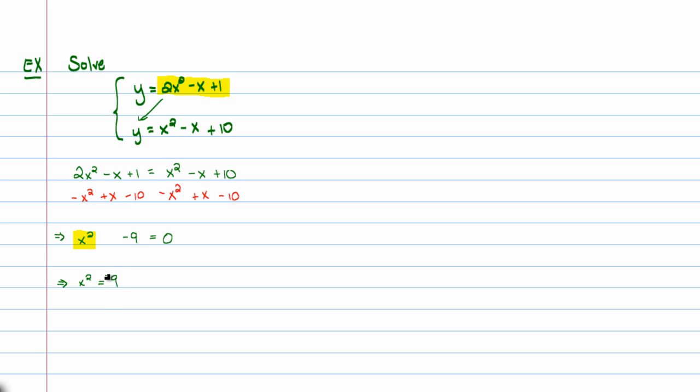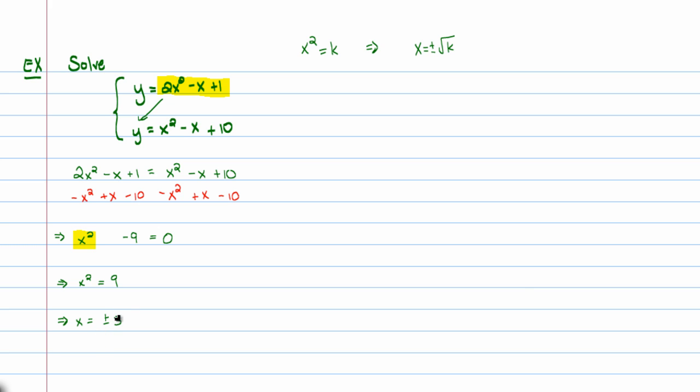Just recall that if you have x squared is equal to k, that implies that x is equal to plus or minus the square root of k. So in this case, x will equal plus or minus the square root of 9, which is 3.